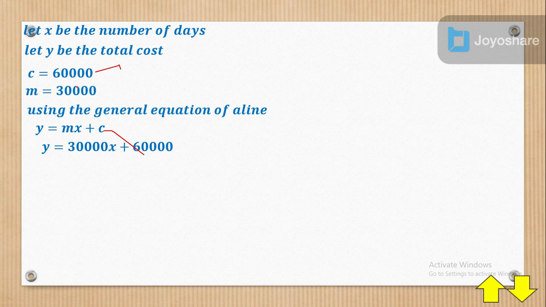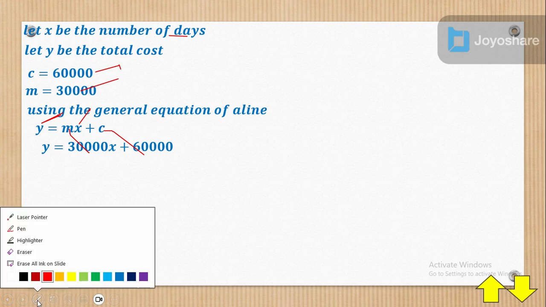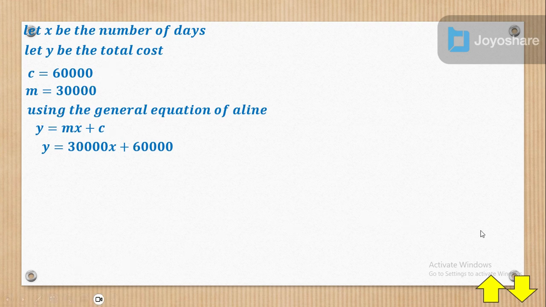Our 30,000 is there and we have put it here as m. Now the x and y are the ones changing, of which x is the number of days and y is the total cost. So if you have any question which deals with two things changing, then you can think about the equation of a line. Let's move on.